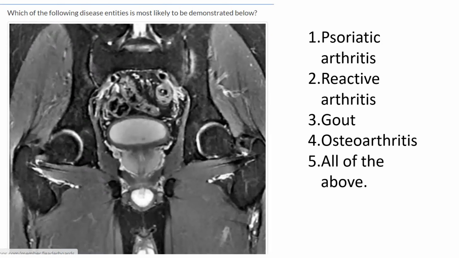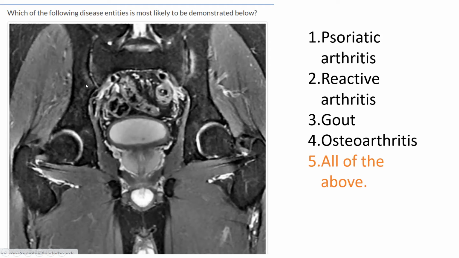Okay. Which of the following is the most likely diagnosis? Psoriatic arthritis, reactive arthritis, gout, OA, or all of the above? Okay. So I think it's all of the above. See, this is a coronal PD fat-sat image where you see there's bilateral asymmetric edema within bilateral sacroiliac joints.